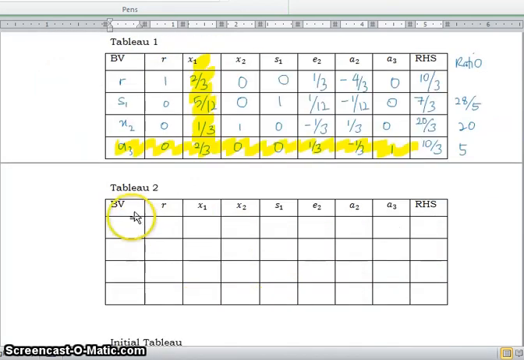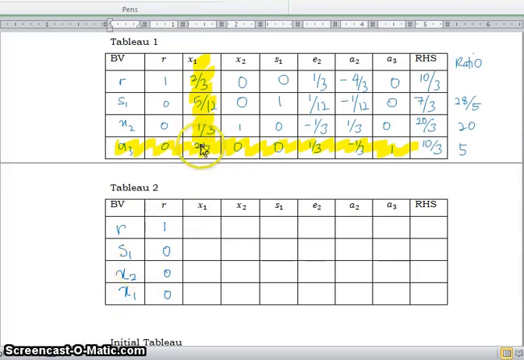In W2, the basic variable in row 0 is R. The basic variable in row 1 is S1, row 2 is X2 and row 3 is X1. The coefficient of R is 1 and 0. Okay, now we update row 3. Since X1 replaced A3 in row 3, the coefficient of X1 in row 3 must become 1.